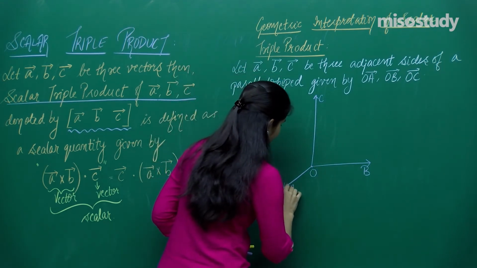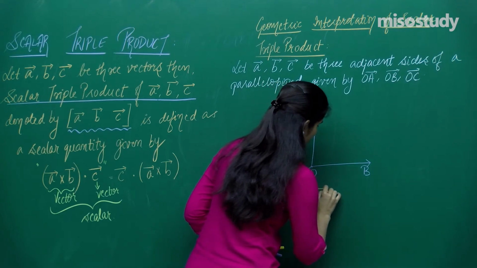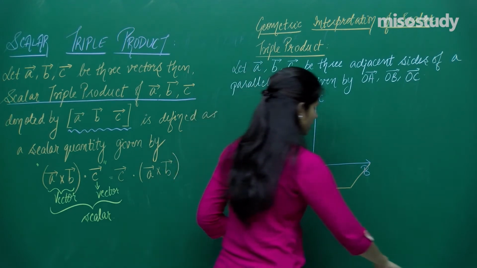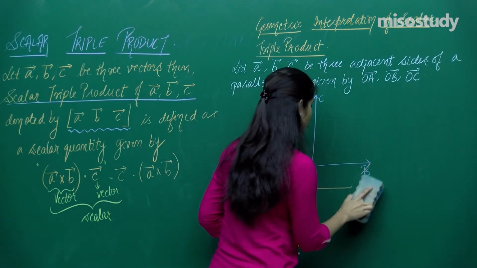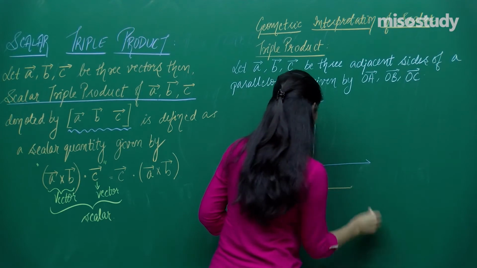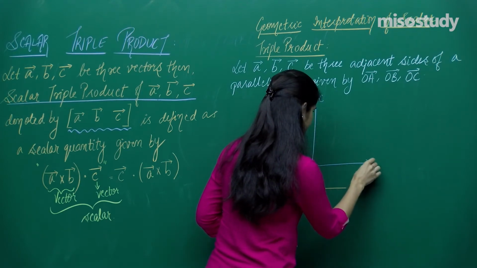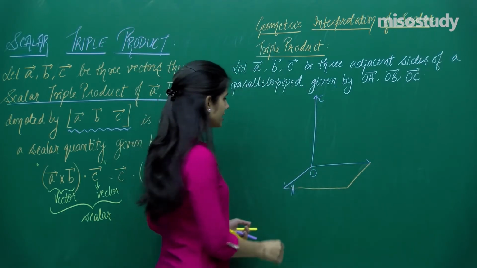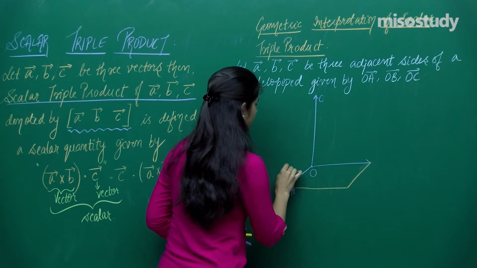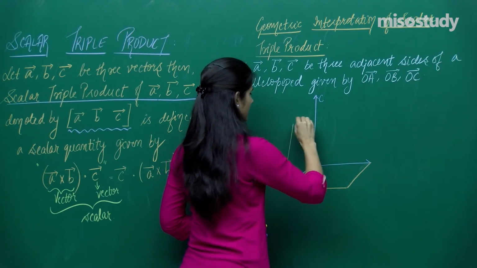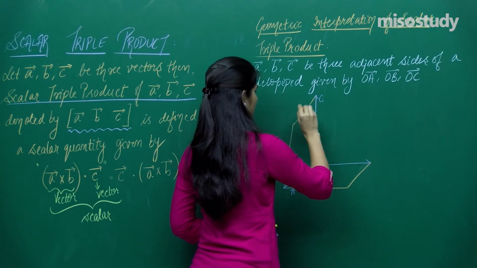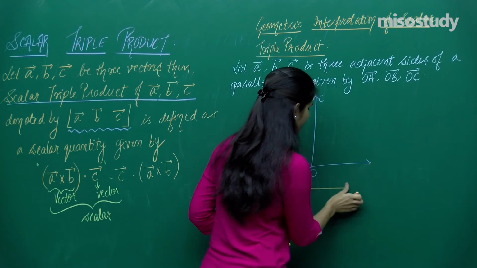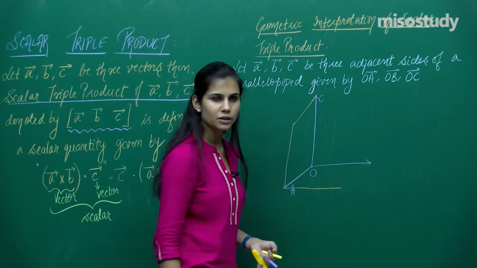Complete the parallelopiped. Basically, these are adjacent sides of a parallelopiped. So you need to complete the entire parallelopiped. If these are adjacent sides of parallelopiped, how would you be completing this parallelopiped? Here there will be a more slant because we basically have the base of this parallelopiped as a parallelogram.